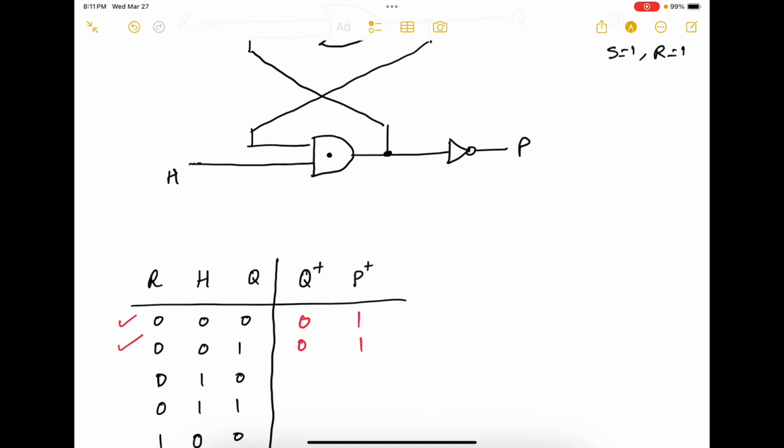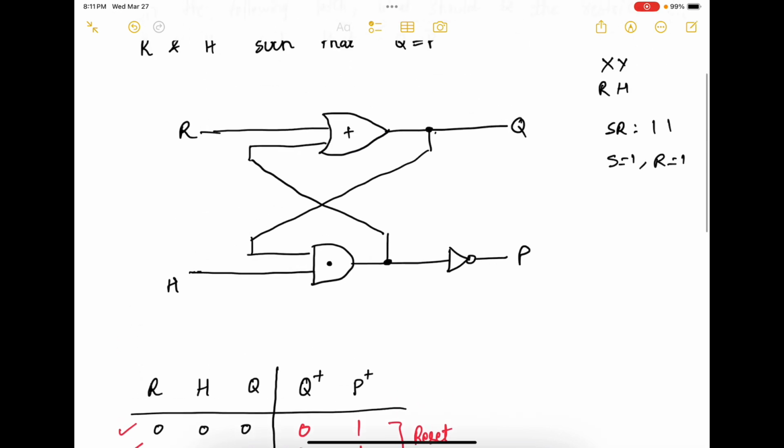In fact, if you look at this more closely, this corresponds to the reset state because your Q plus is 0 no matter what Q was in the previous state, if R and H were 0 and 0. Let's take the next combination where R is 0, H is 1, and Q is 0.